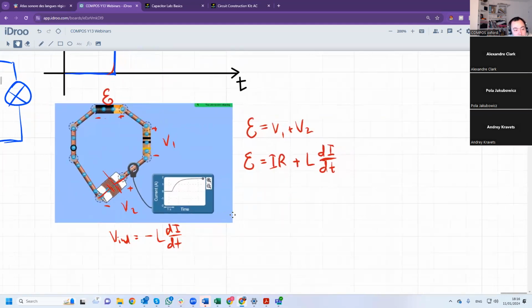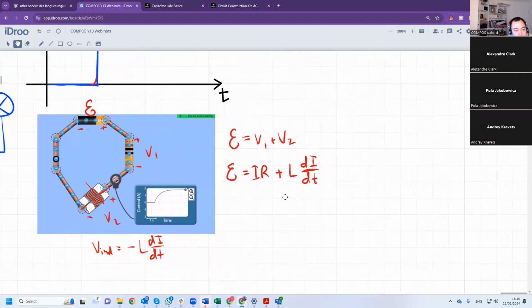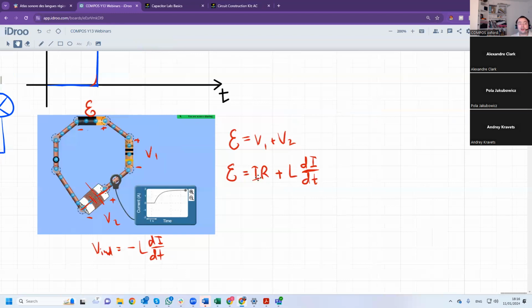Well, for the same reason I put a plus for IR, because IR is a drop in voltage, right? I put a plus because it makes sense. I'll see if you can understand.